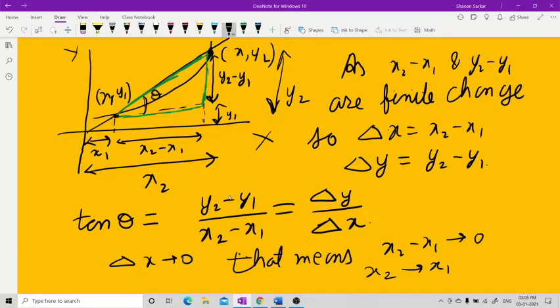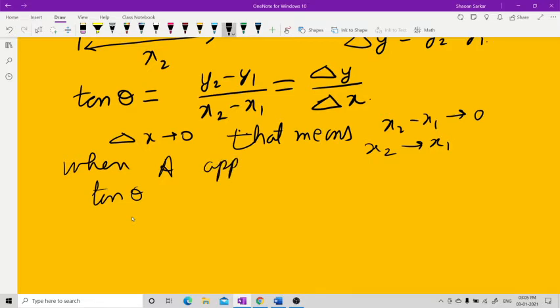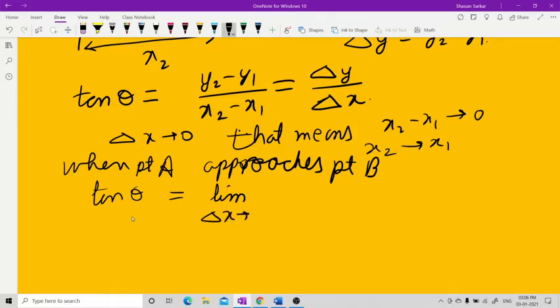So the difference between this point A (x1, y1) and this point B becomes so less that we can consider tan theta when A approaches B. In that case, the limit delta x tends to 0.